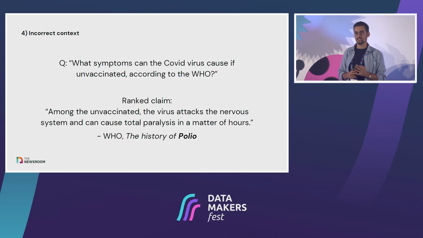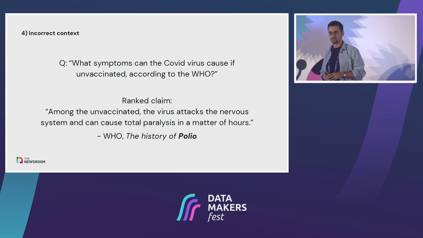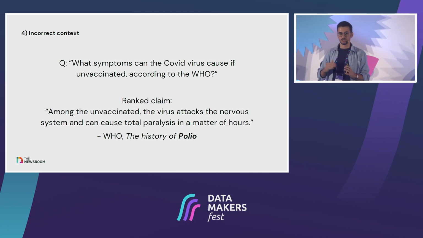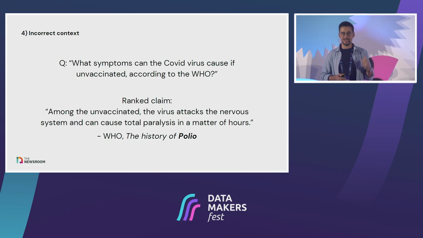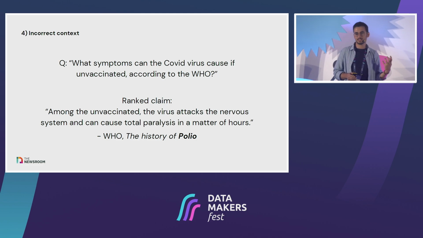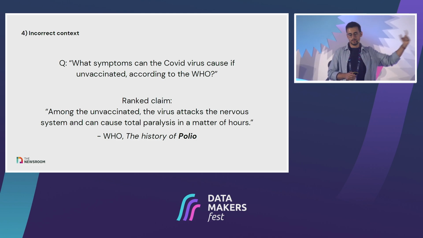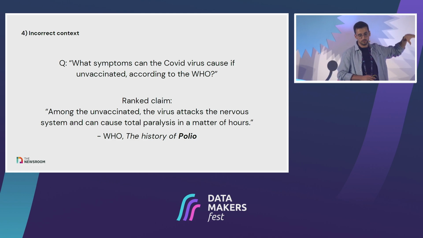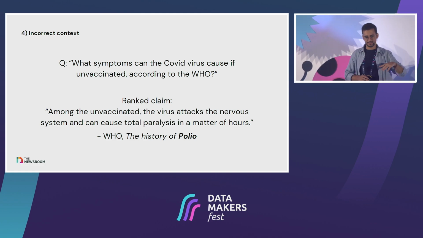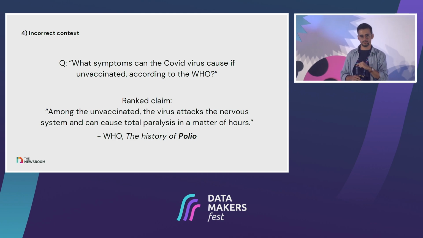The fourth issue, and I'd say this is one of the most common ones, and one where there's an easy solution that can have a really big impact, is when you don't have the right context being given to the model. Imagine we ask this type of question: what symptoms can the COVID virus cause if unvaccinated, according to the WHO?